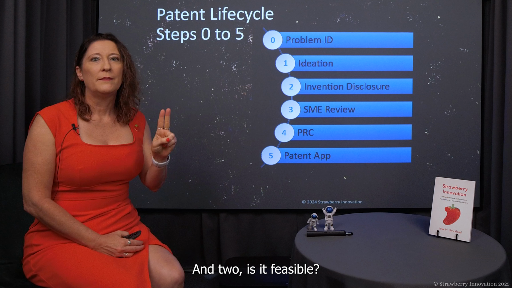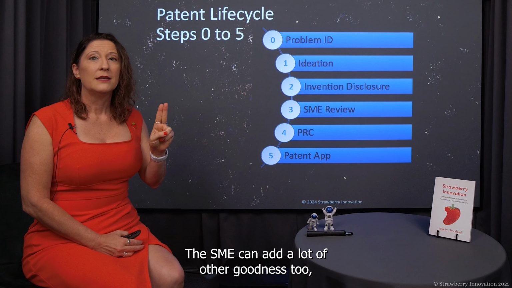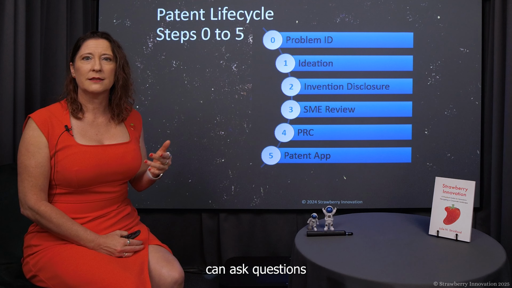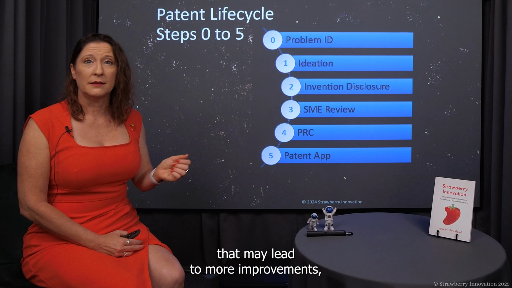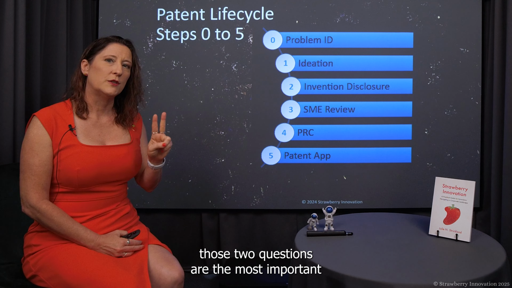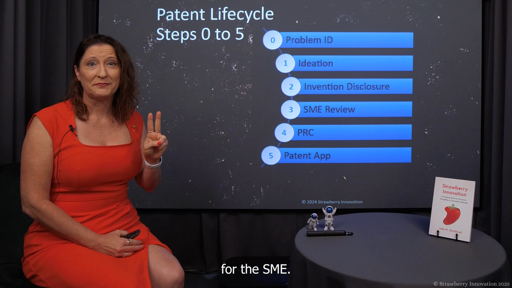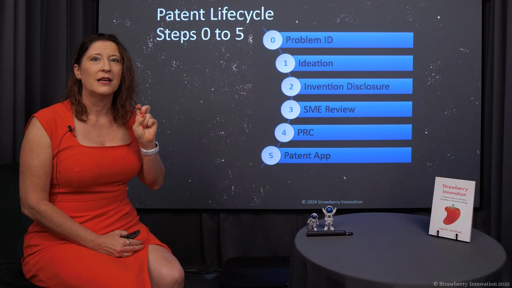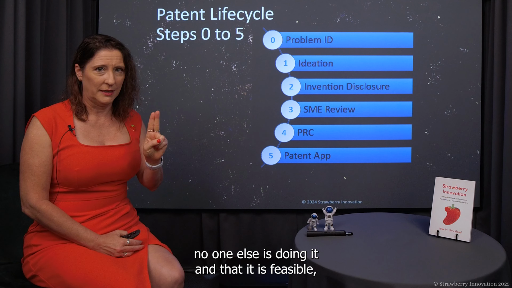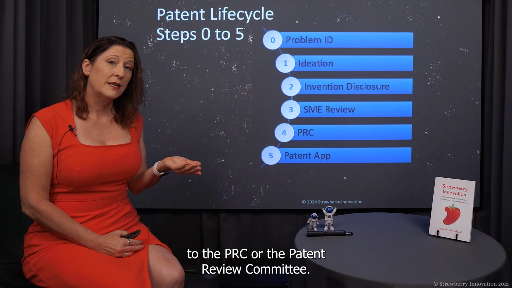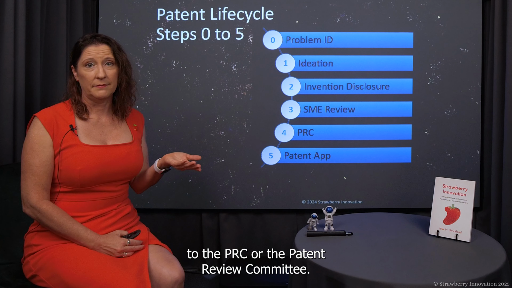And 2, is it feasible? The SME can add a lot of other goodness too, can help with improvements, can ask questions that may lead to more improvements. But at the end of the day, those 2 questions are the most important for the SME. If the SME agrees that it is a unique invention and that no one else is doing it and that it is feasible, then it will go on to the PRC or the Patent Review Committee.